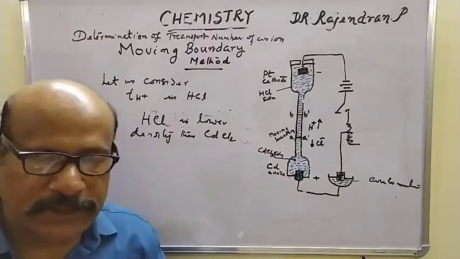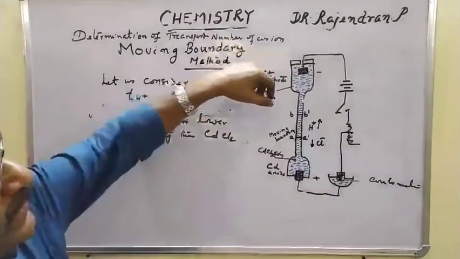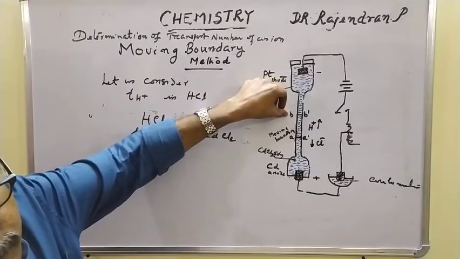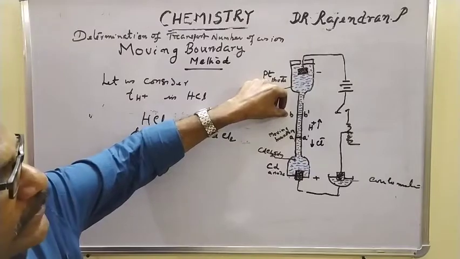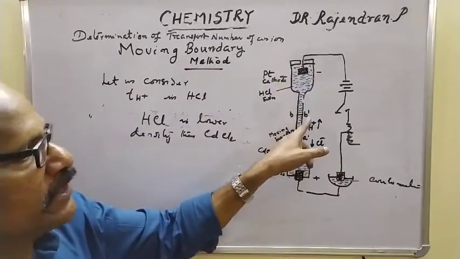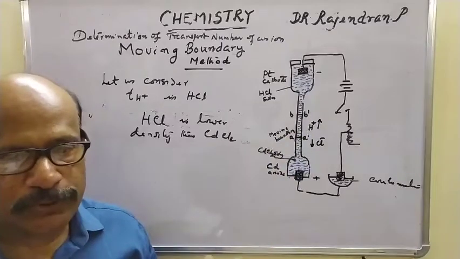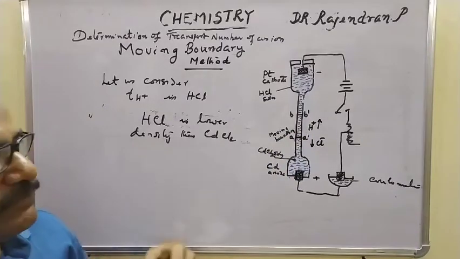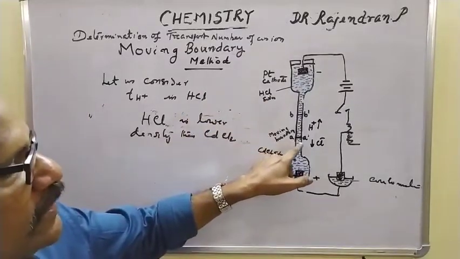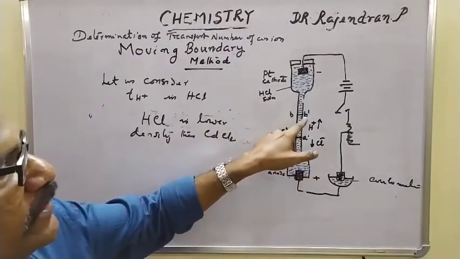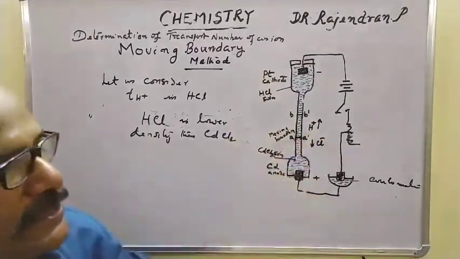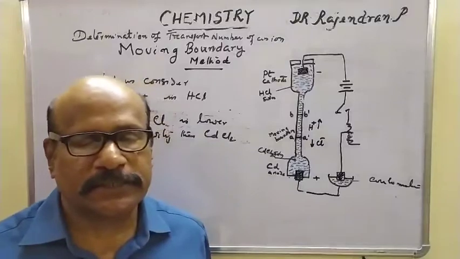At the completion of the passage of current, let the boundary reach B dash. So the new position of the boundary after passing electricity is B dash. The boundary A dash has moved a distance upwards to B dash due to the migration of the H plus ion. That is the situation.